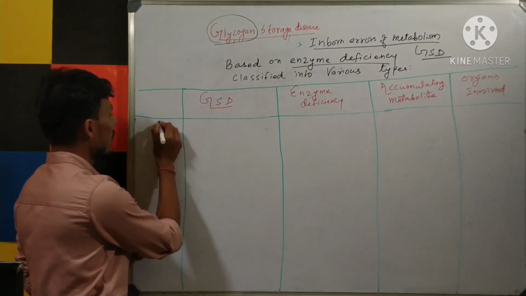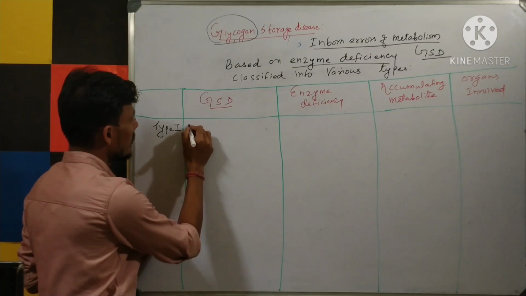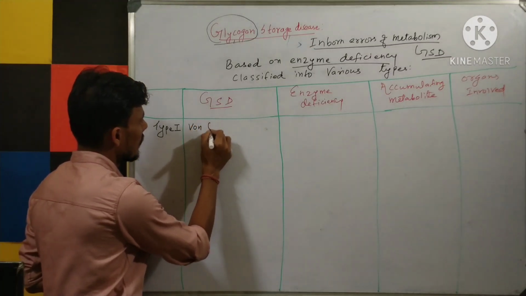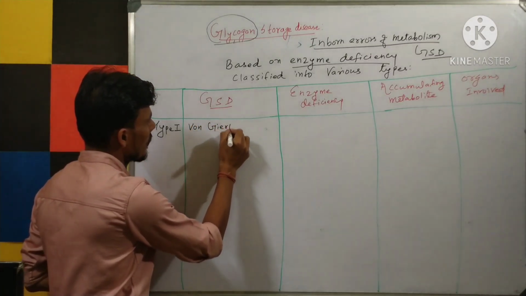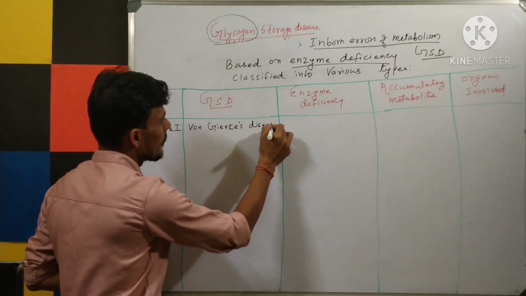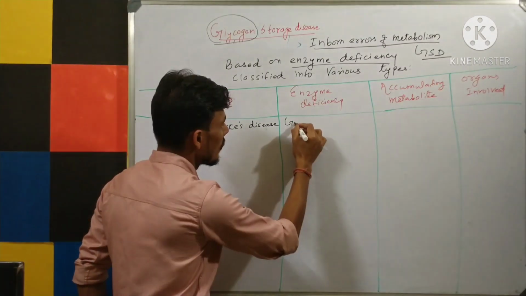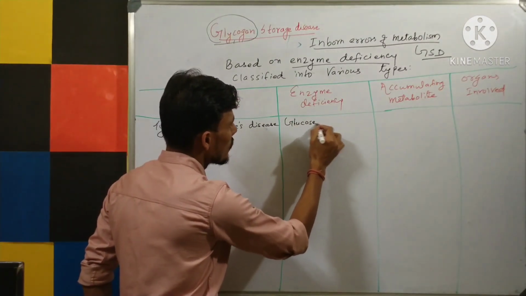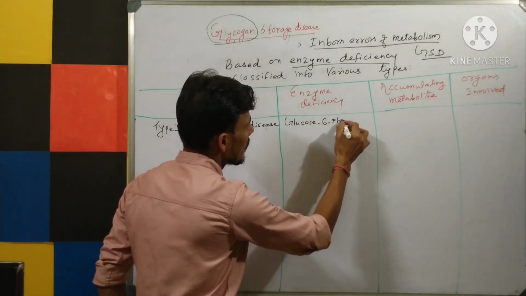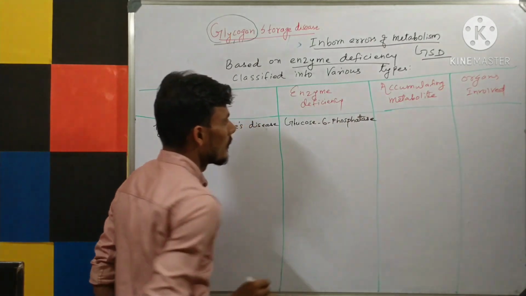We'll see type 1, which is von Gierke's disease. The enzyme deficient here is glucose 6 phosphatase. What does it mean?